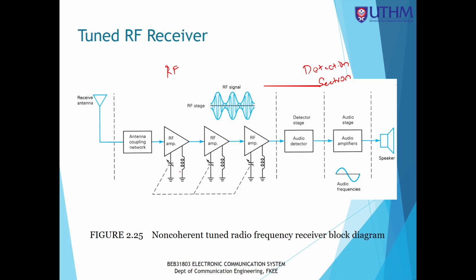The RF section consists of many RF amplifiers to amplify the input, and then it does the demodulation process. The process is very simple, involving only a few processes within the receiver.